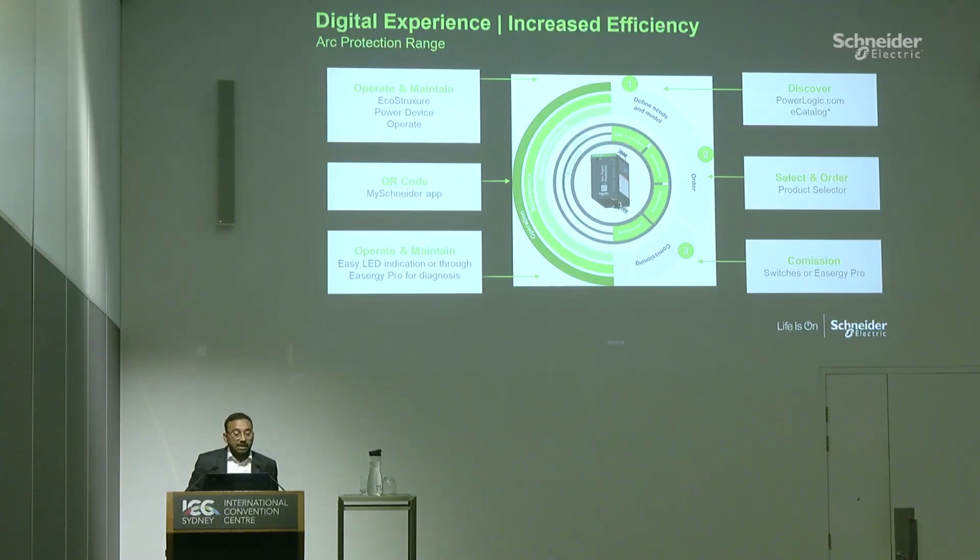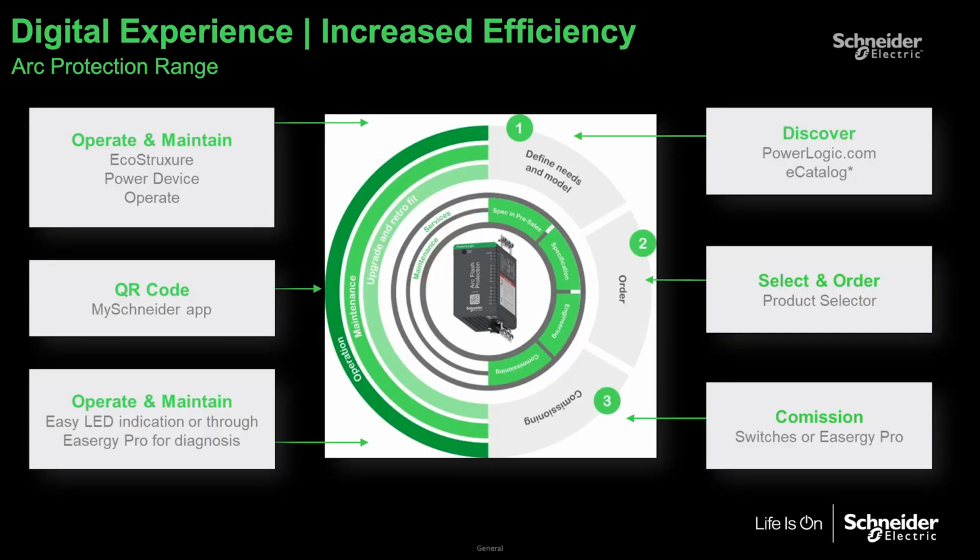Now, as I've shown you all the offers, what comes complementary with our offers? Something more digital, something which can increase efficiency in terms of QR codes. First of all, you have to understand the offer, then you have to deploy the offer, then your operators have to be trained on the offer. So a lot of dependency on Schneider. That is wrong and unjustified, for which we are enabling you with all the literature and all the assets straight from the device.